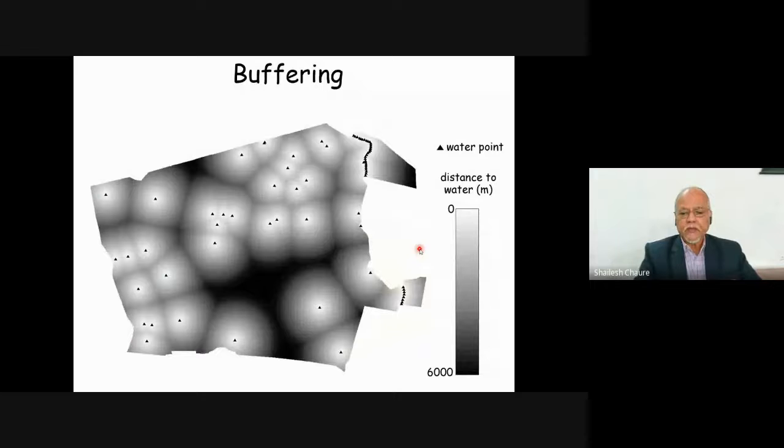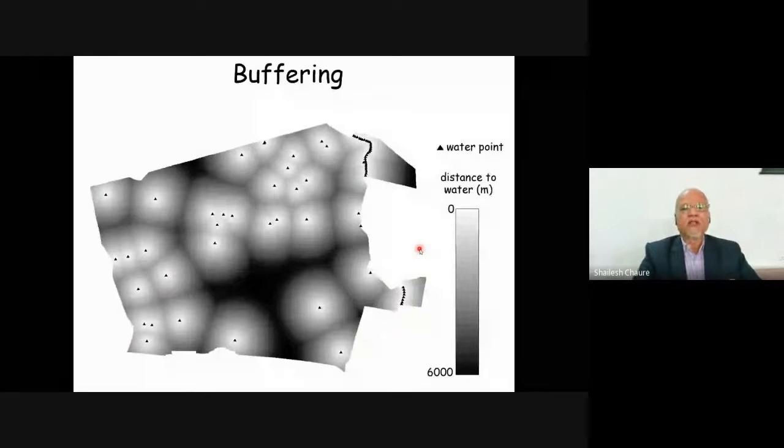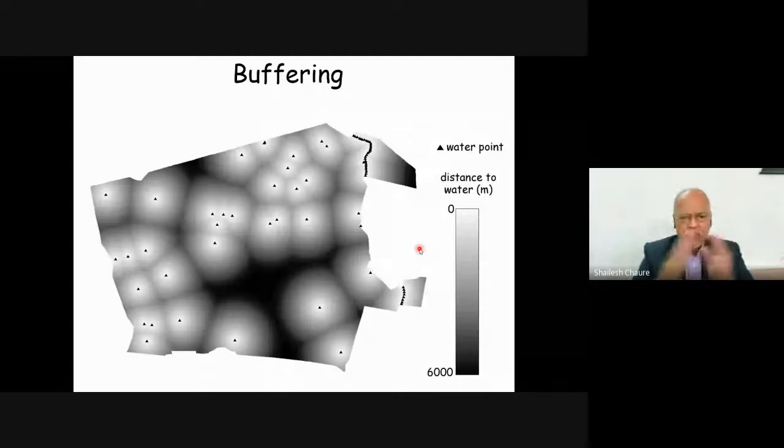Okay. After this, the next operation is buffering. A buffer is a kind of zone or area you create around a certain point, a line or a polygon. This is just a raster buffer, meaning on the image we have created distance to the water point. These are the water points, and as you move away from the water point, you see that the color is becoming darker and darker.